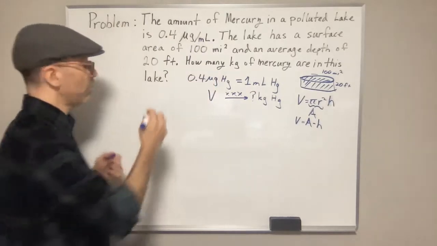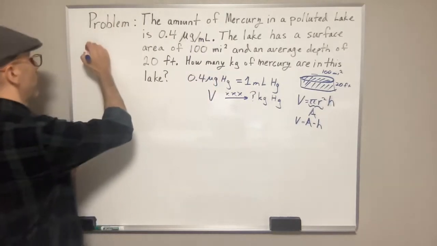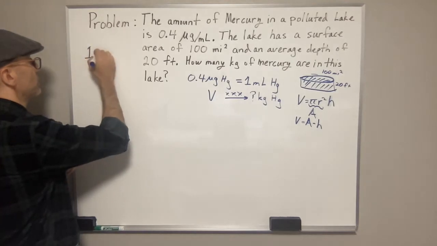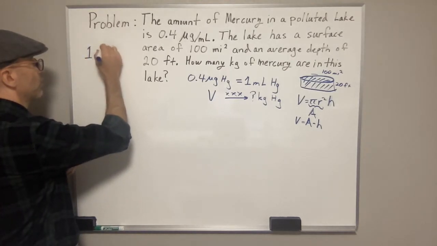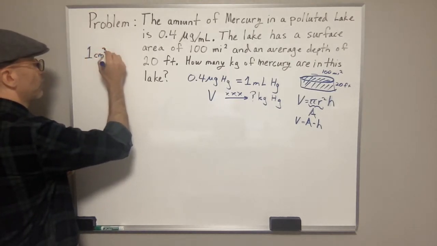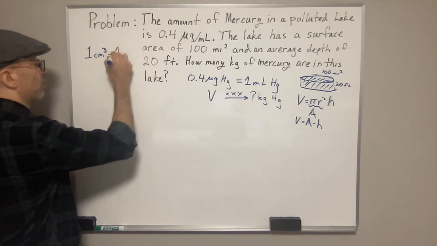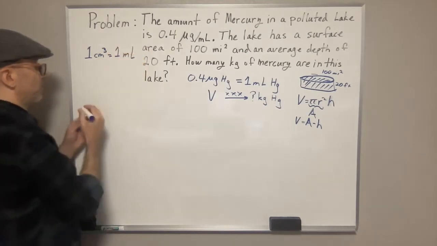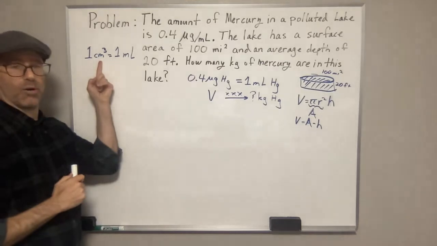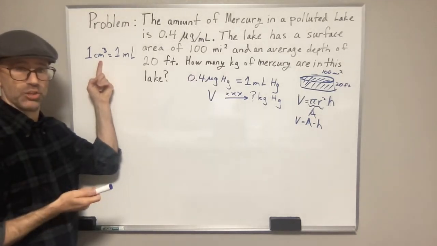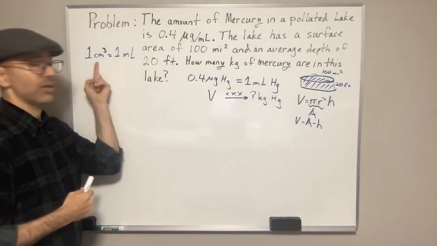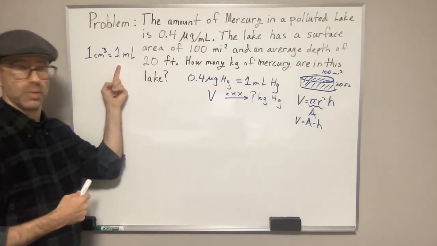And so one of the things we want to keep in mind is that 1 centimeter cubed is going to be equal to 1 milliliter. So if we can get our unit in centimeters cubed, then we can use this as a conversion to milliliters.